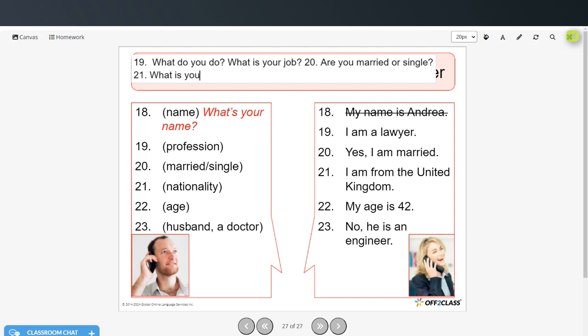What is your nationality? For age, how old are you? Is your husband a doctor?